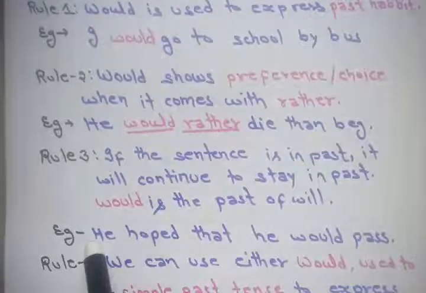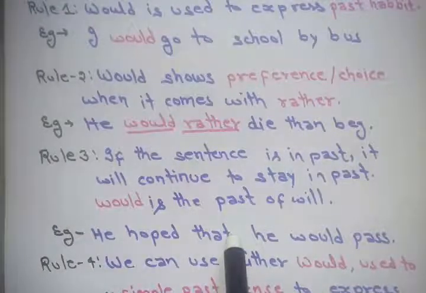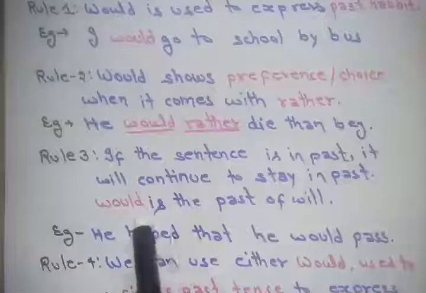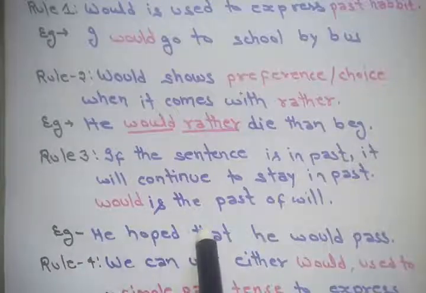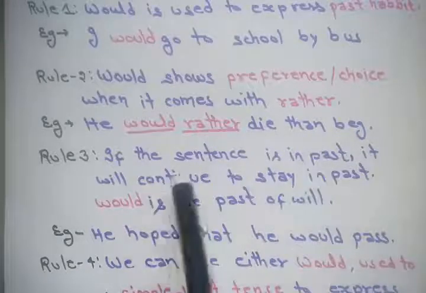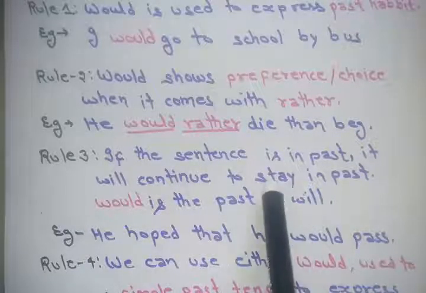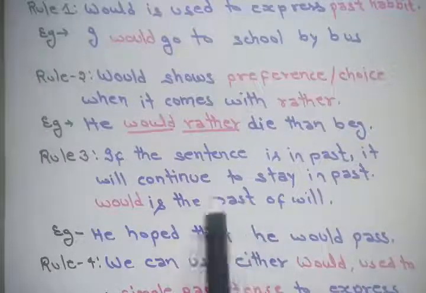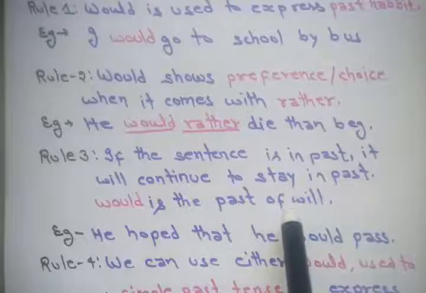For example, he hoped that he would pass. Here the sentence is in past, so it will continue to stay in past. So "would" is the past of "will".